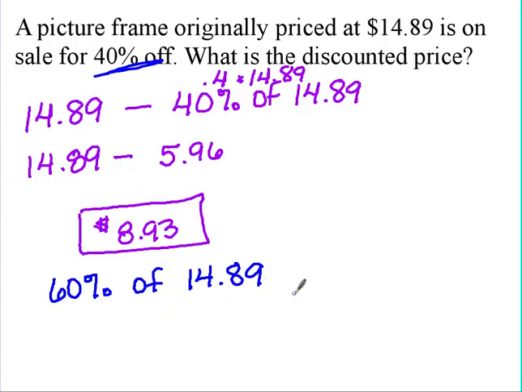And so I want you real quick to calculate this. What is 60% of $14.89? Okay, remember that would be 0.6 times $14.89.